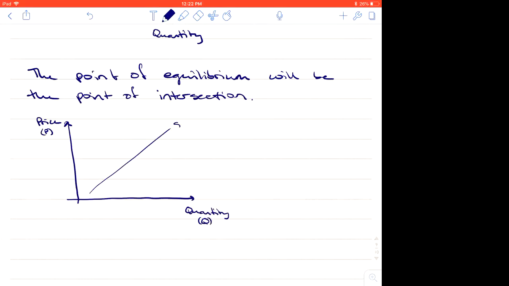So we have this general supply curve and a general demand curve. Where they intersect, that's your equilibrium.